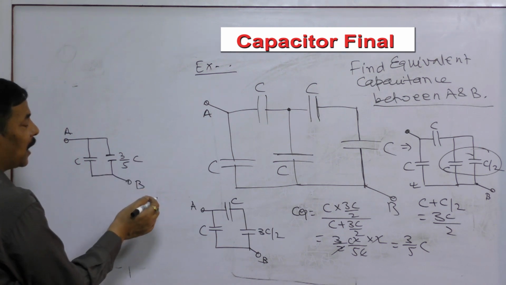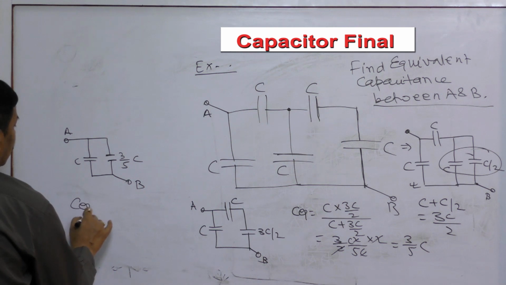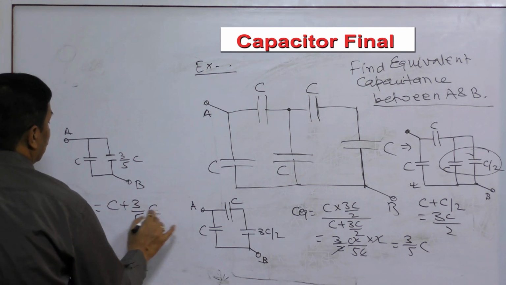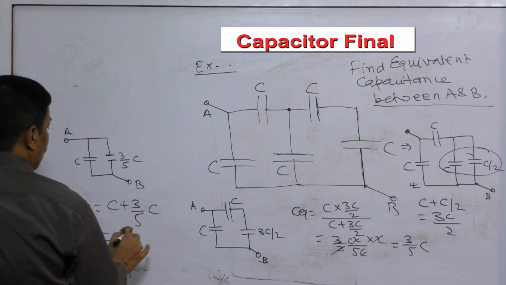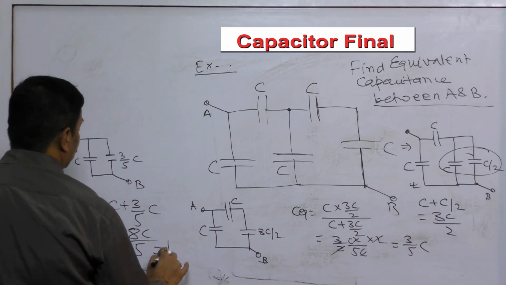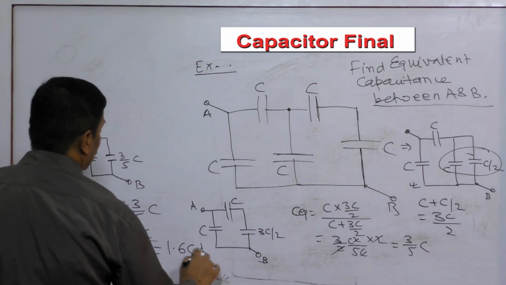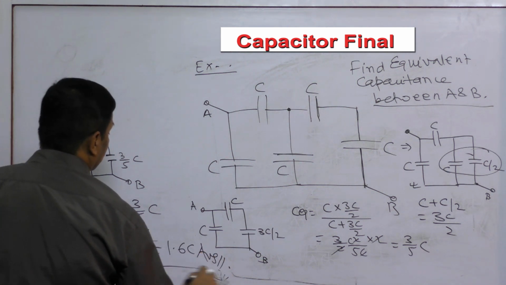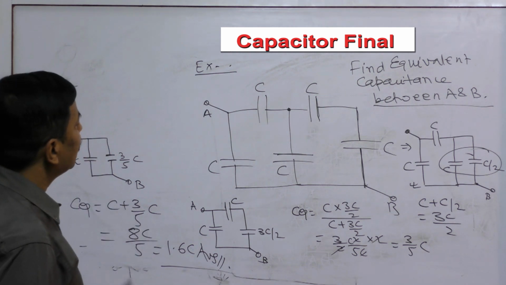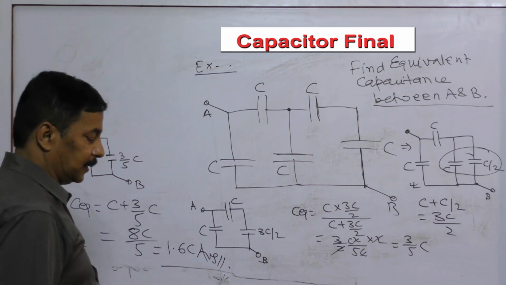Now these two are in parallel. So C equivalent is equal to C plus 3 by 5C, that is 8C by 5, that is 1.6C should be your answer. This is the one example based on the equivalent capacitance.